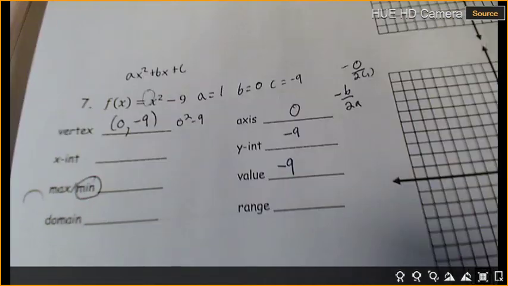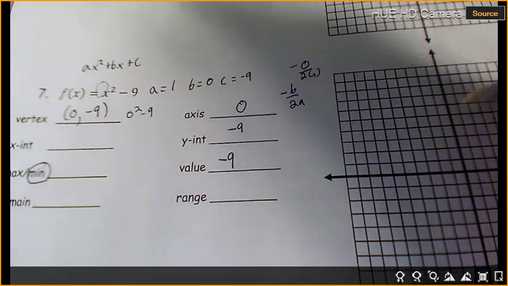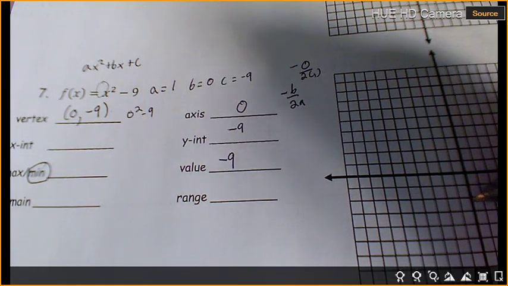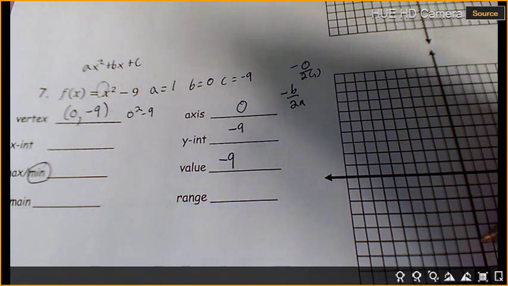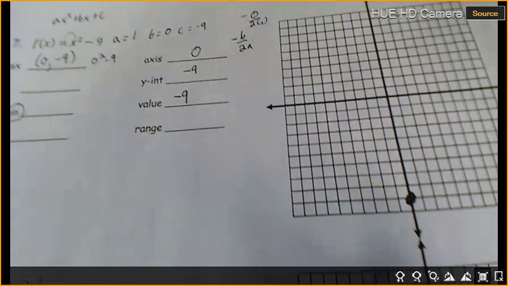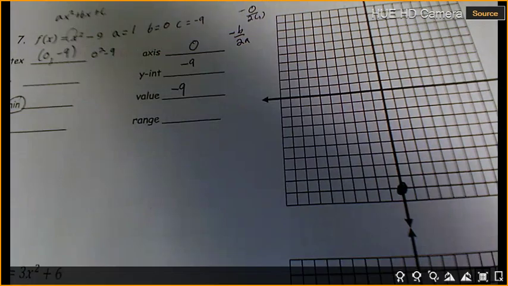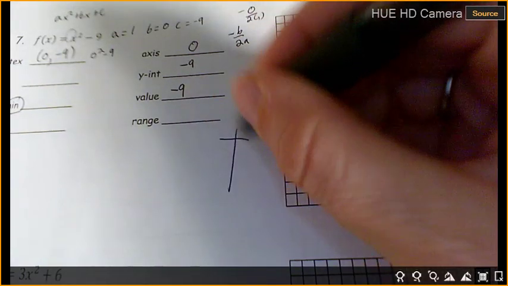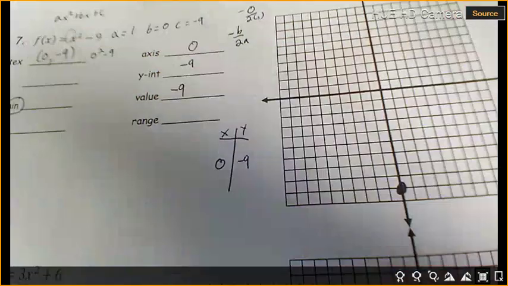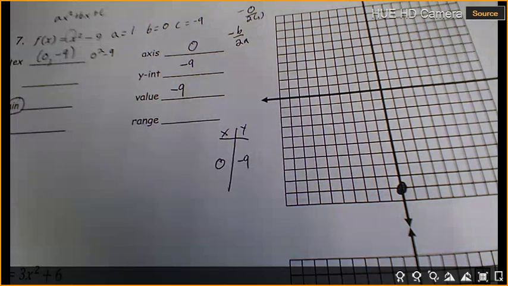Okay? Let's plot this on my graph. So my vertex is 0, 1, 2, 3, 4, 5, 6, 7, 8, 9. Unfortunately, my y-intercept is the same. So I'm going to do it just like I did for my first one. I've got 0, -9. What's a number that's bigger than 0 that's very easy to plug into this equation? 1.